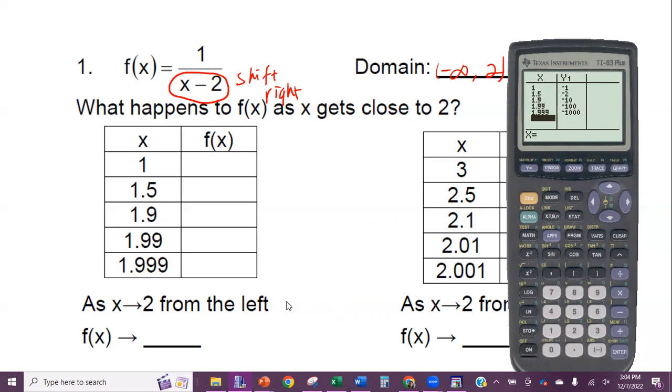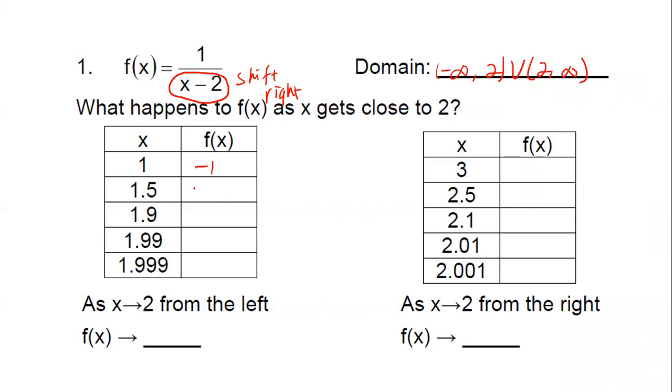As we're looking at these values, if I kept going and the closer and closer I get to 2, what is happening to the y values? They're decreasing really fast. So if I'm forever decreasing, what am I heading towards? Negative infinity. So we had negative 1, negative 2, negative 10, negative 100, and negative 1000.